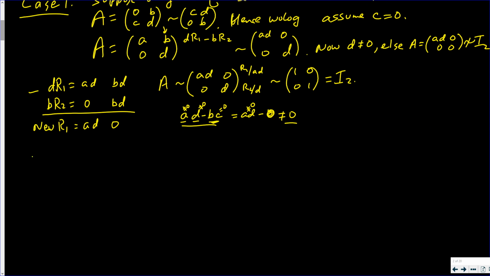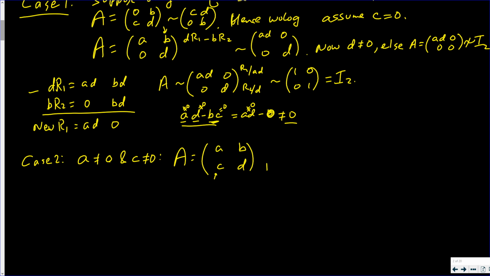Now case 2. A is not 0 and C is not 0. So A is equal to AB, CD. A and C are not 0. So I want to get C to be 0. I want to row reduce it.